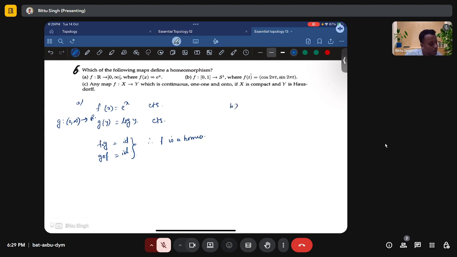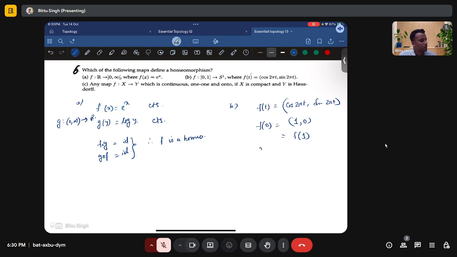What about option B? Here, f(t) is given by (cos 2 pi t, sin 2 pi t). So note that f of 0 is the same as (cos 0, sin 0), which is (1, 0), and f of 1 is (cos 2 pi, sin 2 pi), which is also (1, 0).